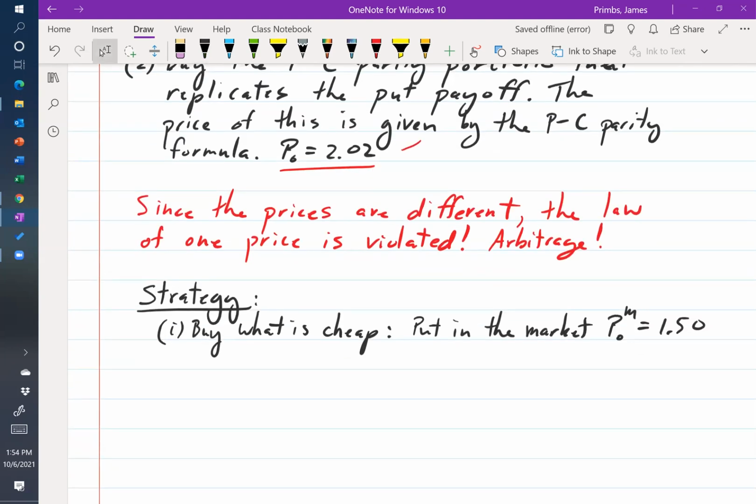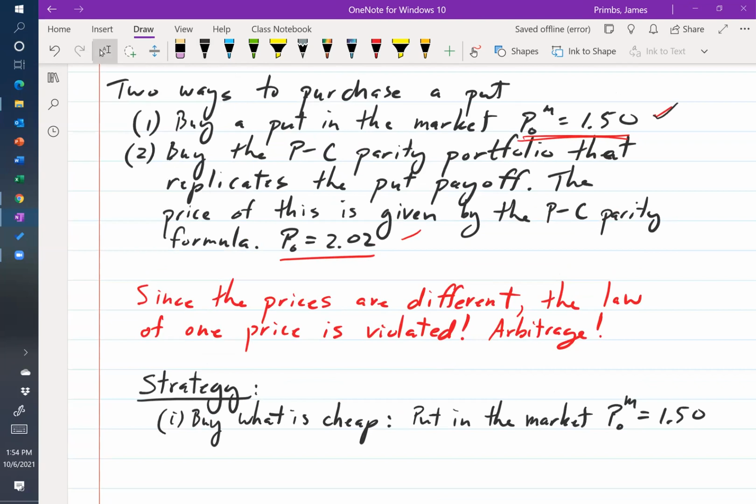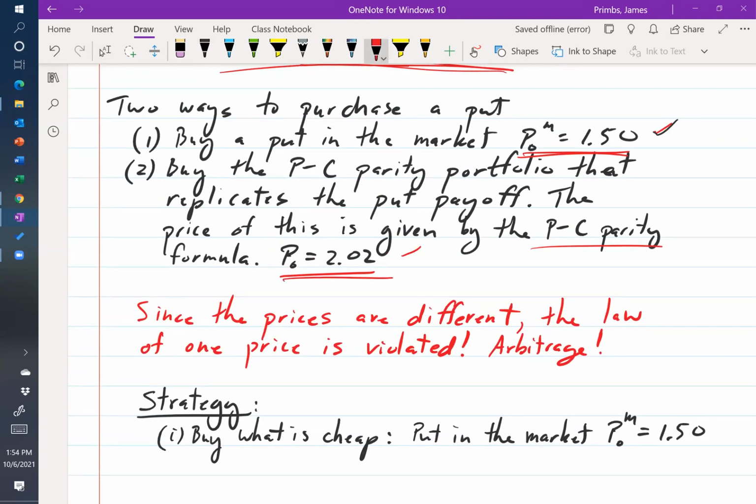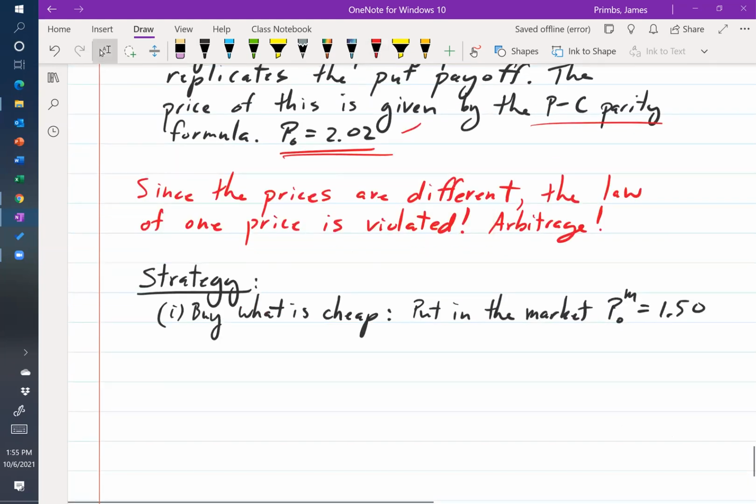Okay. And then I need to sell what's expensive. What is expensive? The put call parity strategy. Put call parity says, hey, you can also create a put through the strategy, but it's going to cost you $2.02. So that's what I want to sell. So let's go to that. I'm going to sell what is expensive.